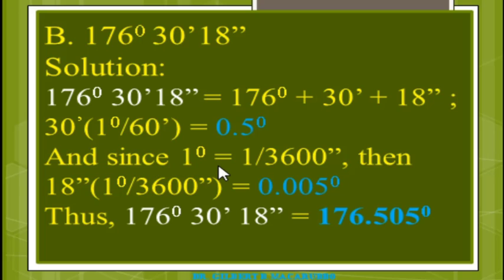And since 1 degree is equal to 3,600 seconds, then 18 seconds times 1 degree over 3,600 seconds, seconds will be cancelled out. This is just equal to 0.005 degrees. Thus, 176 degrees, 30 minutes, and 18 seconds is just equal to 176.505 degrees.